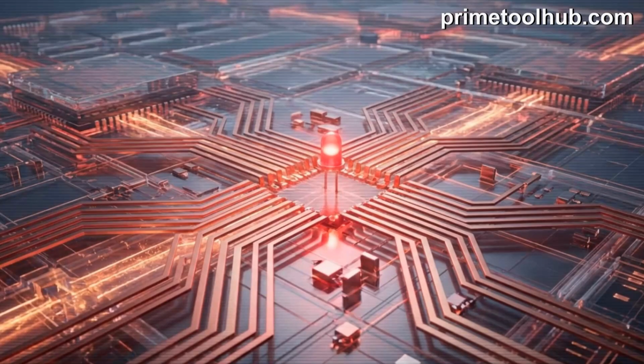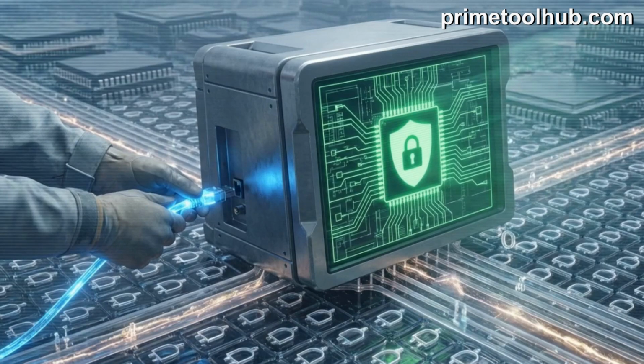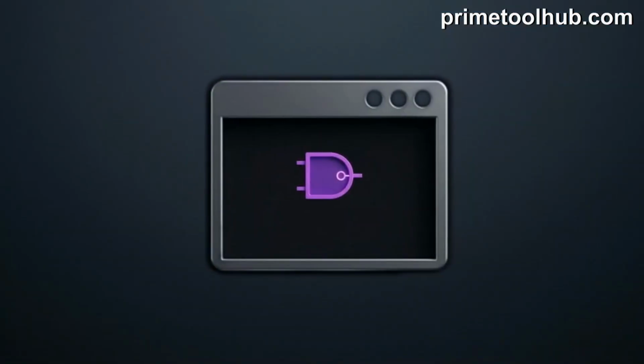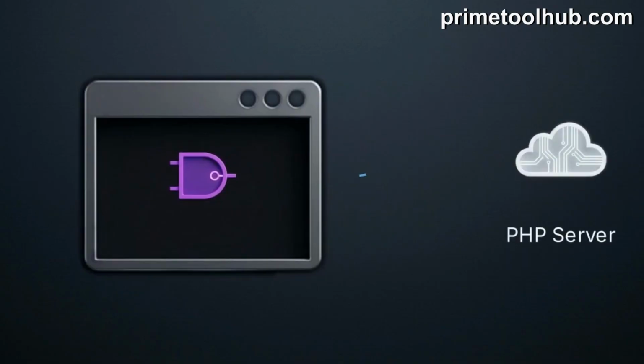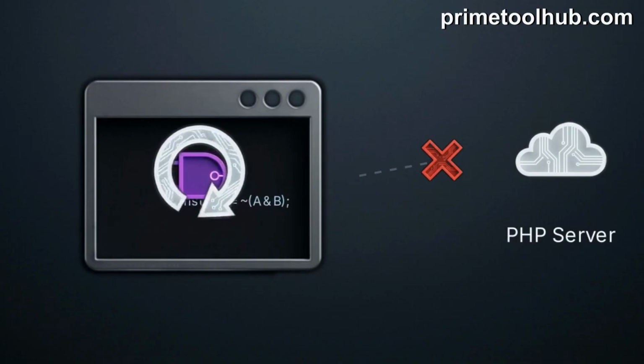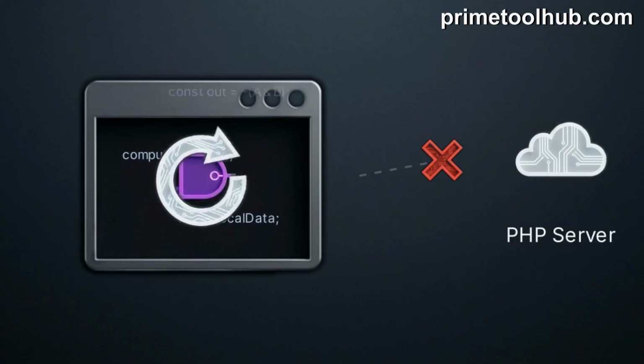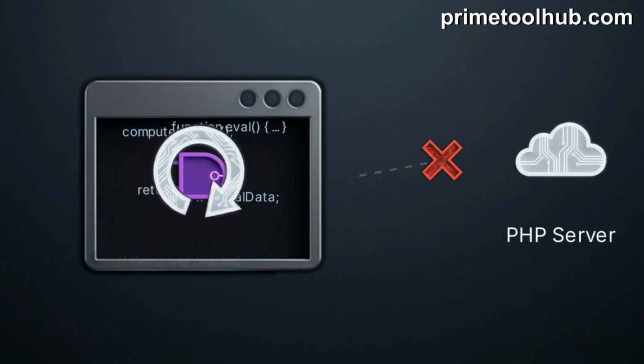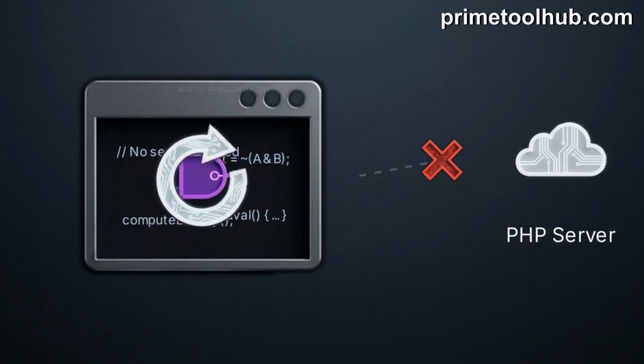The most critical operational advantage of the IC Finder is that the entire Logic Studio is engineered to run 100% offline. The software utilizes highly optimized local JavaScript to perform all mathematical conversions directly inside your web browser, bypassing external PHP servers entirely. PHP is a common server-side scripting language used in many online applications that requires constant data transmission.